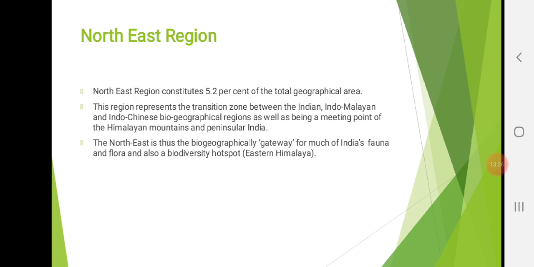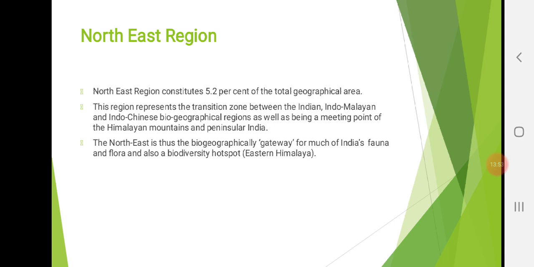Then the next region is Northeast region. Northeast region constitutes 5.2% of the total geographical area. This region represents the transition zone between the Indian, Indo-Malayan and Indo-Chinese biogeographical regions, as well as being a meeting point of the Himalayan mountains and peninsular India.